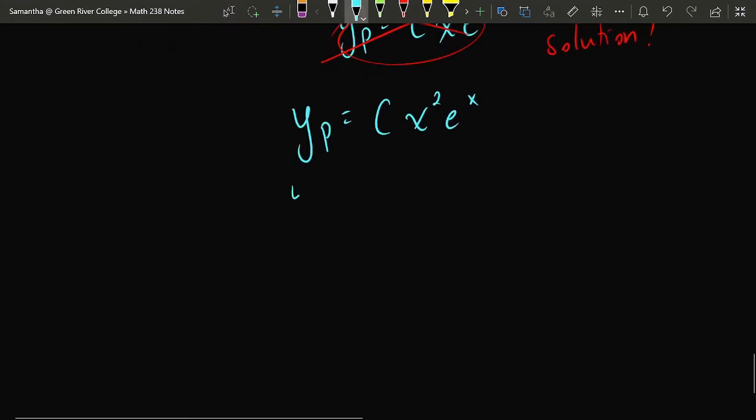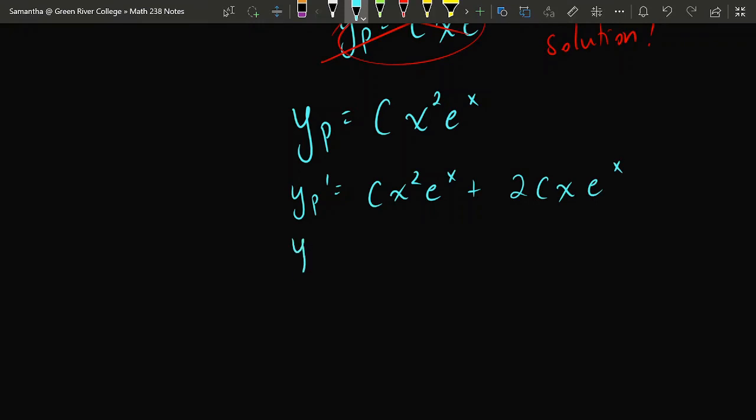So with that guess, my yp prime would be the first times the derivative of the second, plus the second times the derivative of the first. And then I would use product rule again, and I would get the first times the derivative of the second, plus the second times the derivative of the first.